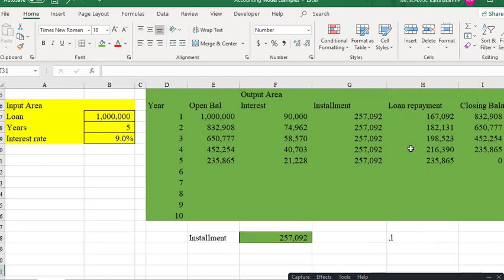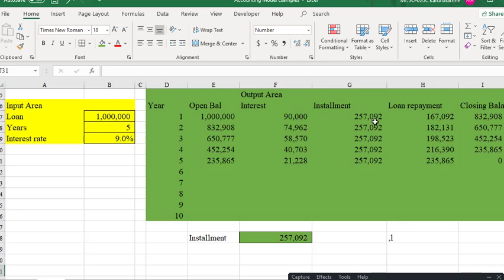You can see, if you obtain 1 million today at 9% interest, this column computes the interest for the year. This column shows the installment payment, assuming you are paying annual installments. The loan is paid on an annual basis, and at the end of each year you pay this much installment. On 1 million at a 9% interest rate, the annual interest is 90,000.